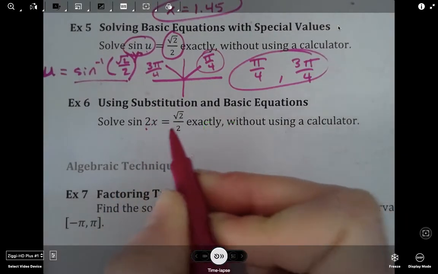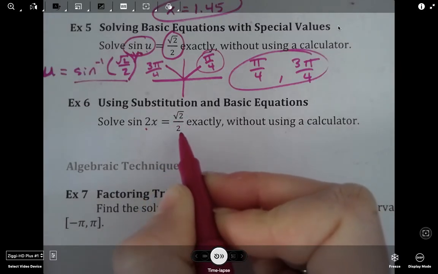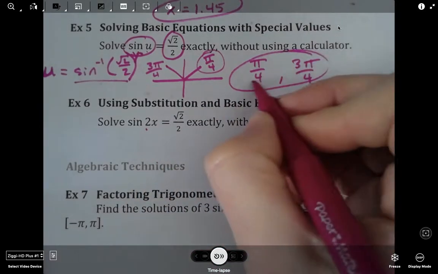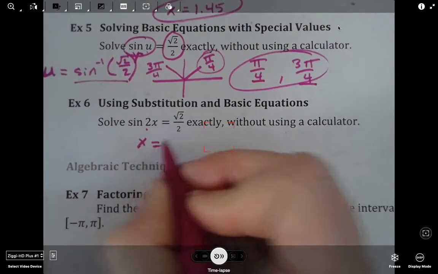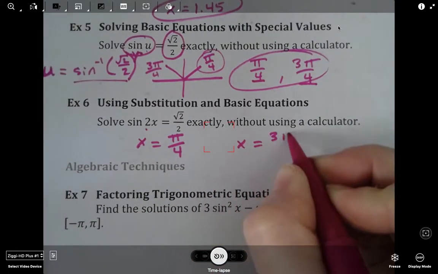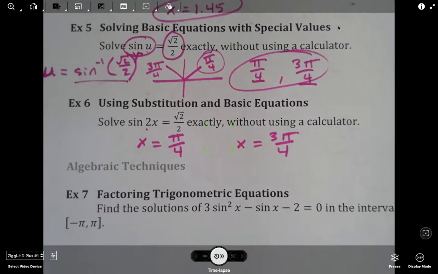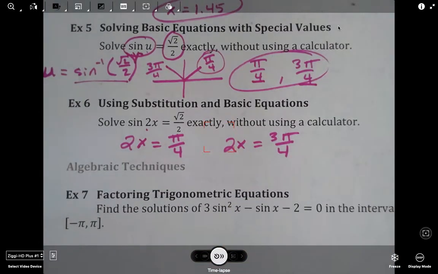We're going to solve and figure out where the sine is square root of 2 over 2. And we've already determined that it's at pi over 4 and 3 pi over 4, okay? So x is pi over 4 and x is 3 pi over 4. Except it's not just x anymore. It's actually 2x and 2x, okay?